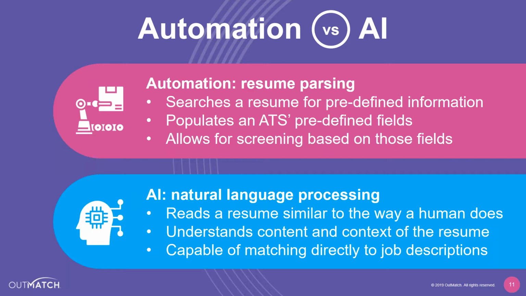It's searching the resume for predefined information, the person's phone number, email address, their name, maybe the university they went to. And it's populating fields that are predefined in your ATS. And that's giving you the ability to screen and search based on those fields. That's what automation looks like.